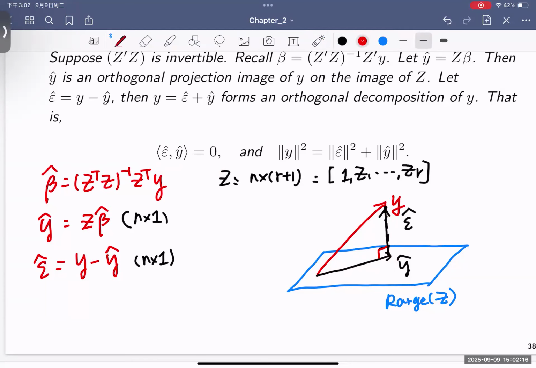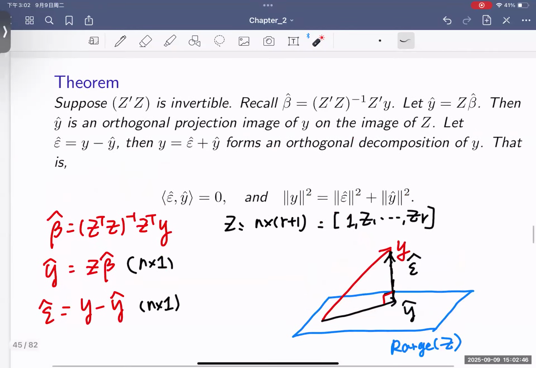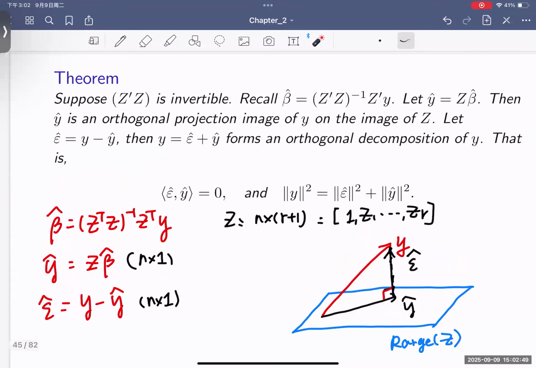Because it's a triangle with a 90 degree angle, we have this famous result that the squared length of y is equal to the squared length of epsilon hat plus the squared length of y hat. So this theory just told us what least squares wants to do.